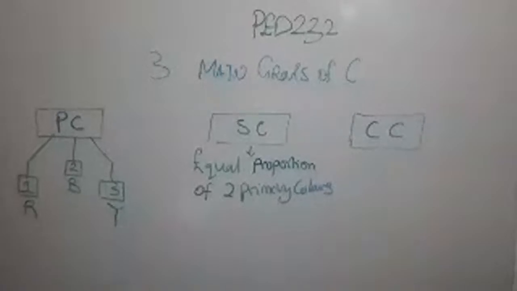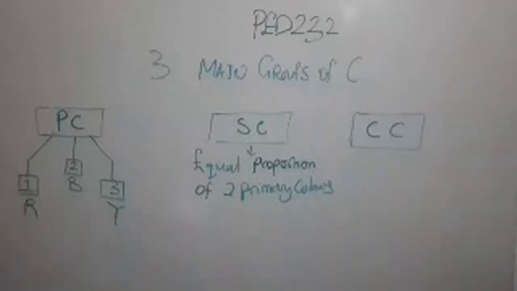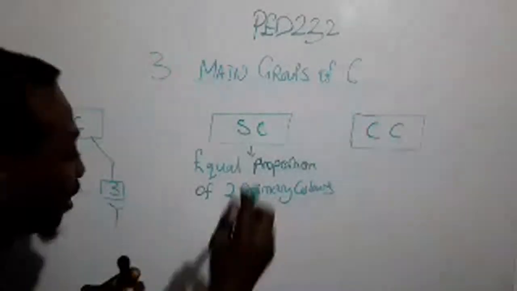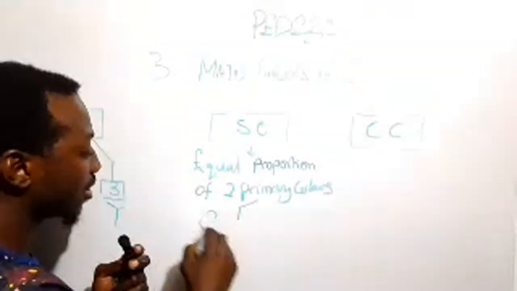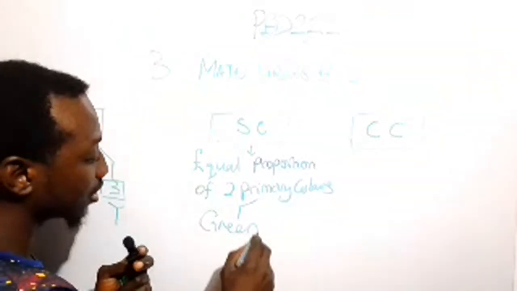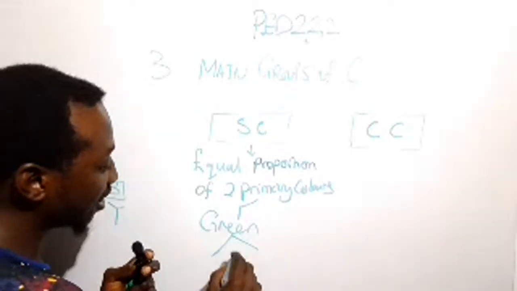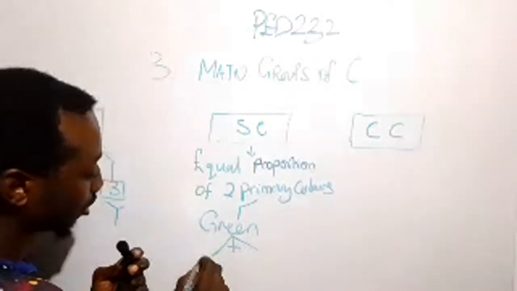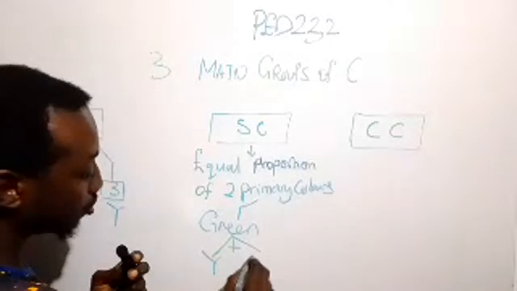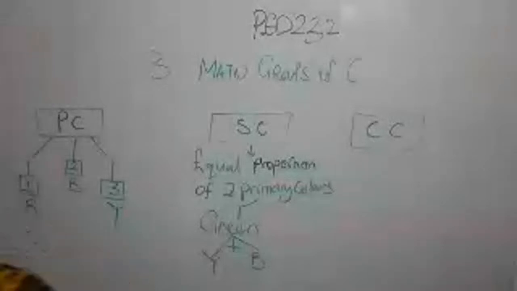Now, green is a mixture of yellow and blue. So for example, we have green, which is said to be a mixture of yellow and blue. Under the secondary color, orange is from red and yellow.